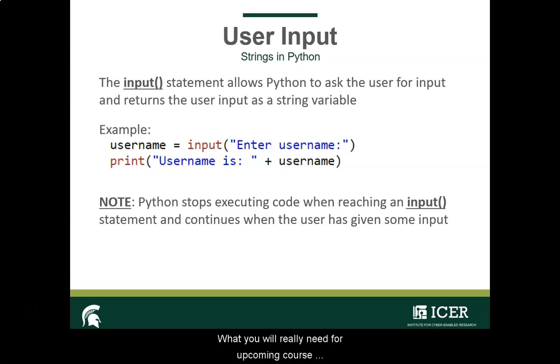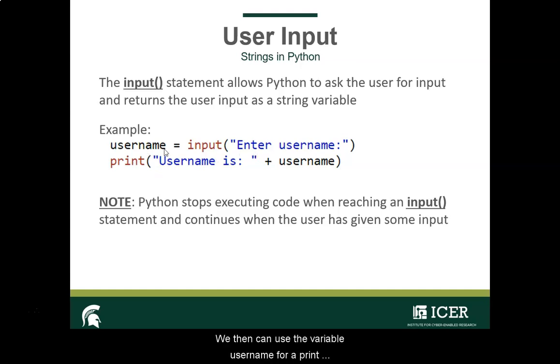What you will really need for upcoming course assignments is the input statement. The input statement allows Python to ask for a user input and returns whatever that user input is as a string variable. So in the example here, we ask the user for a username and define the variable username based on whatever that input is.